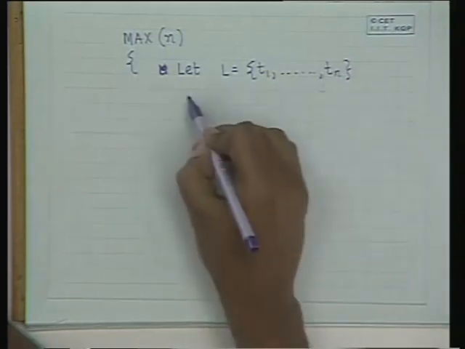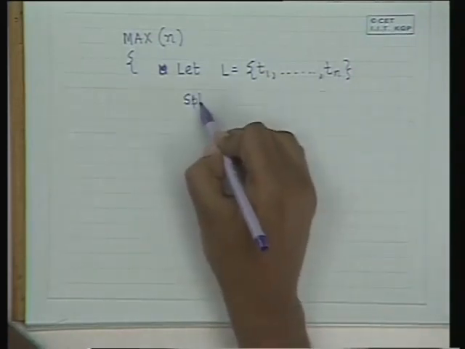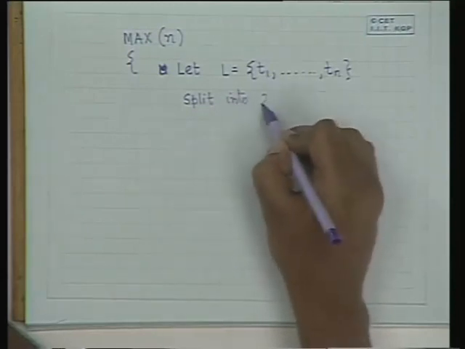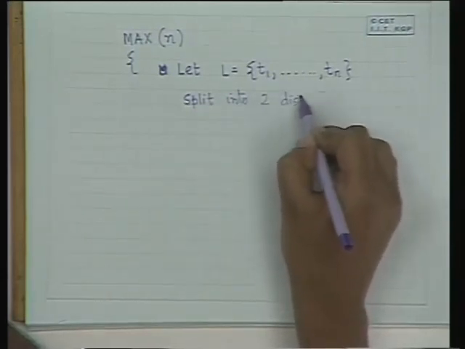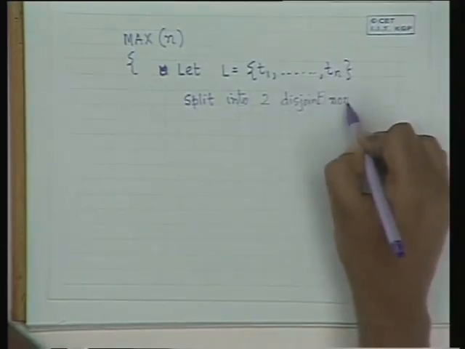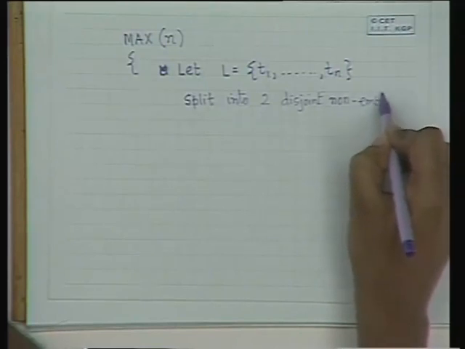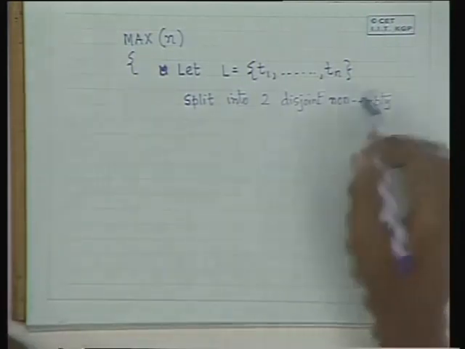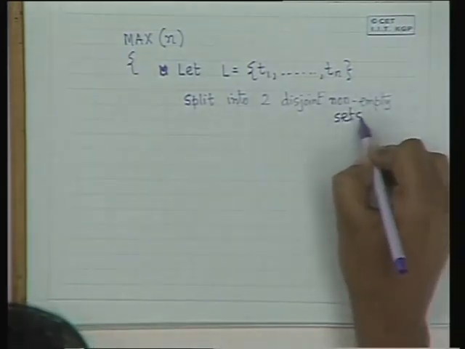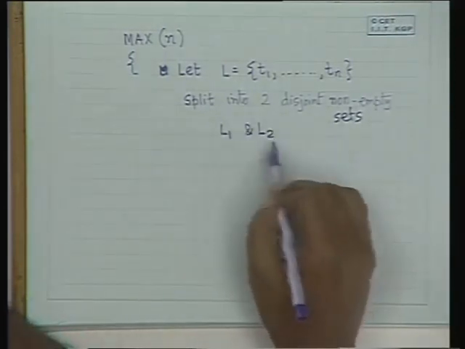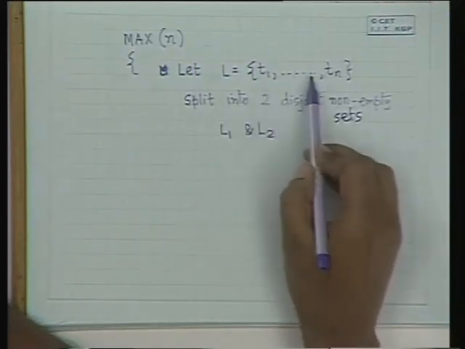You break it up into two sets, split into two disjoint, non-empty sets L1 and L2. These two sets would be disjoint and non-empty.